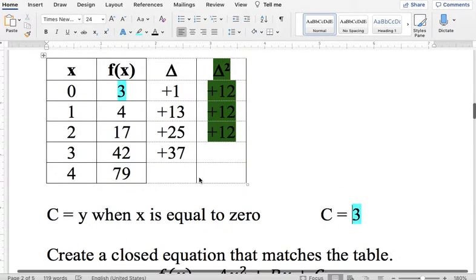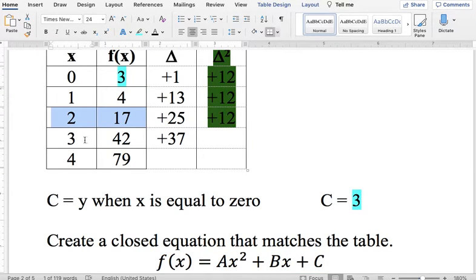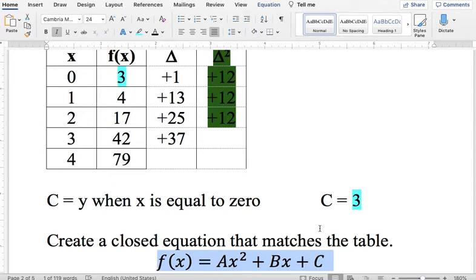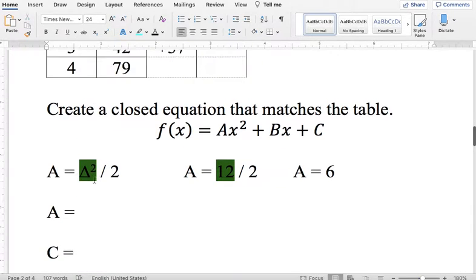All right, so now you have your a and your c, and we just need to find our b. In order to do that, you could pick any other pair of values here and substitute that into your equation for the quadratic, along with the values for a and c. Those of you taking notes, let's put this in an order.